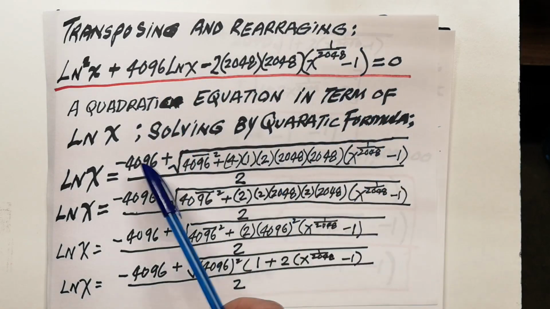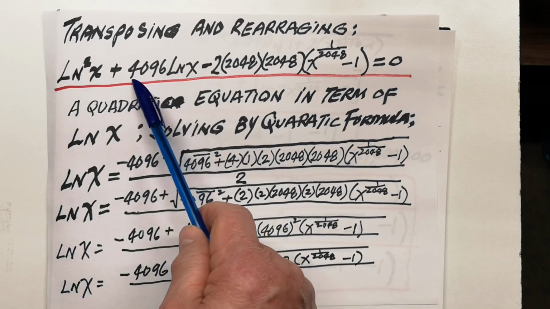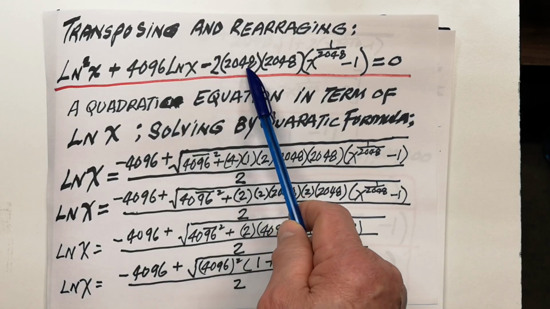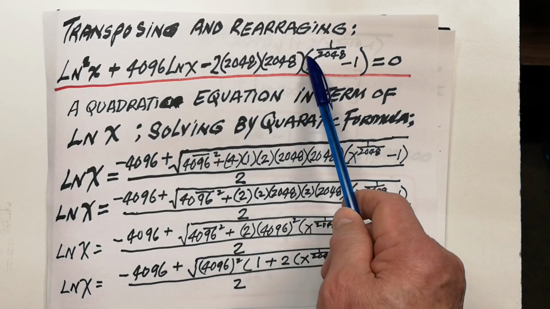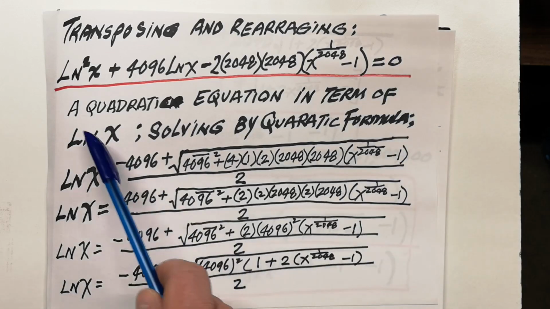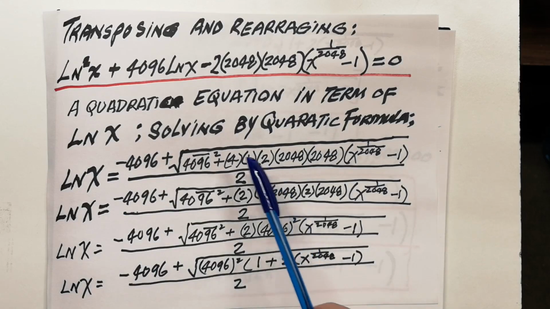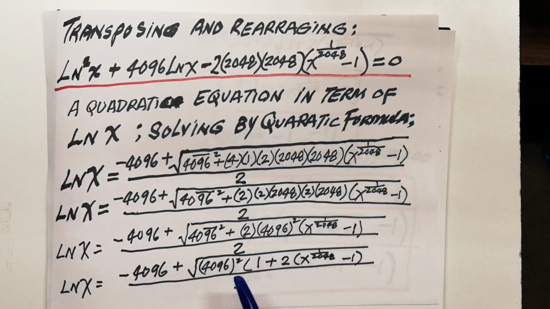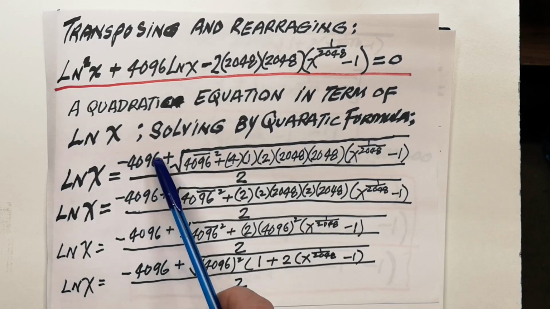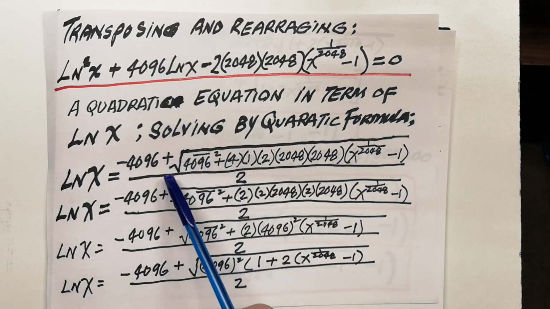Transposing and rearranging, ln square of x plus 4096 ln of x minus 2 times 2048 times 2048 times x raised to the 1 over 2048 minus 1 equals 0, which is a quadratic equation in terms of ln of x. Solving by quadratic formula, therefore ln of x equals minus 4096, that's the B value, plus.